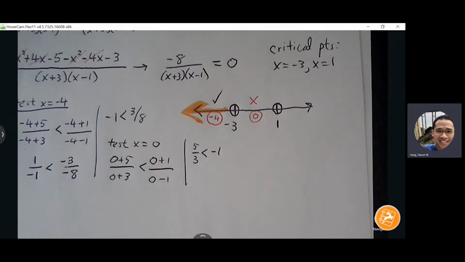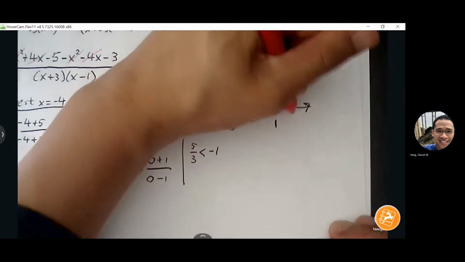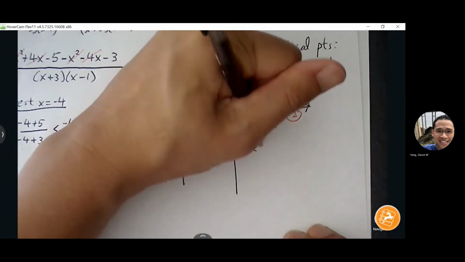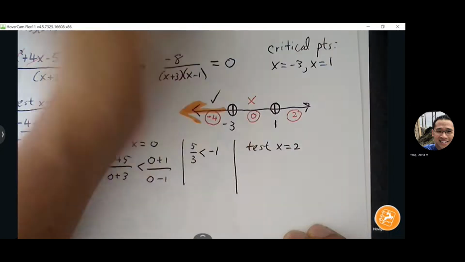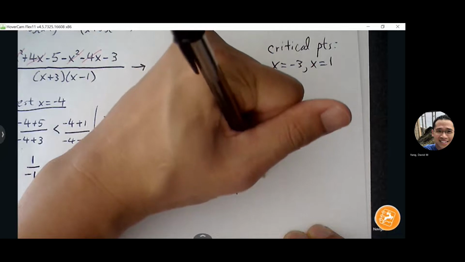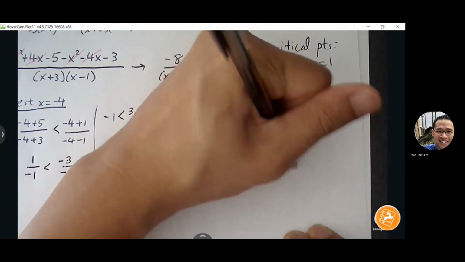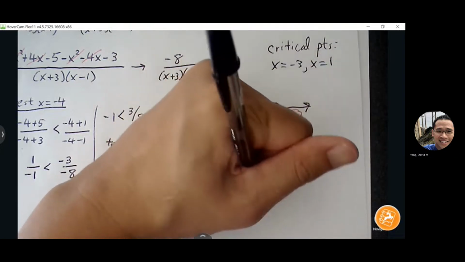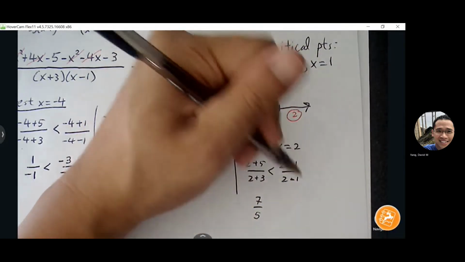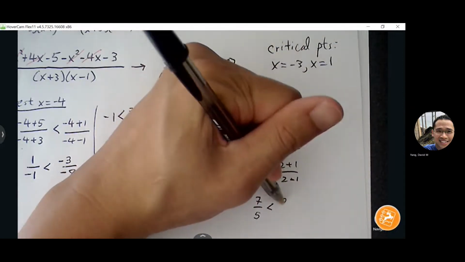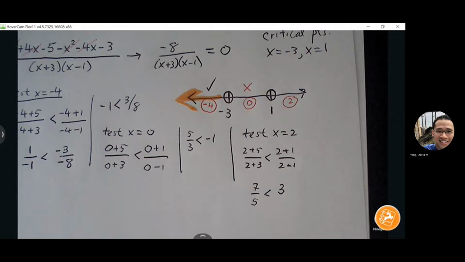Okay, pick a number to the right of 1. 2. Seven-fifths is less than 3.